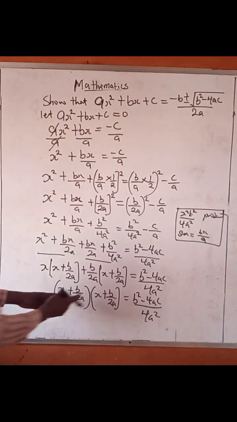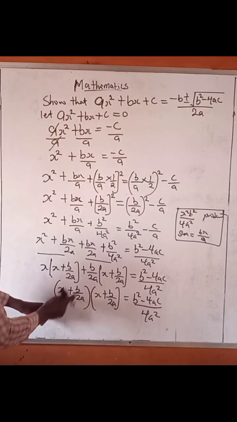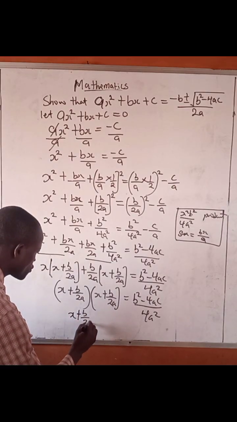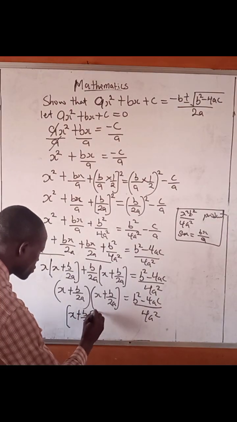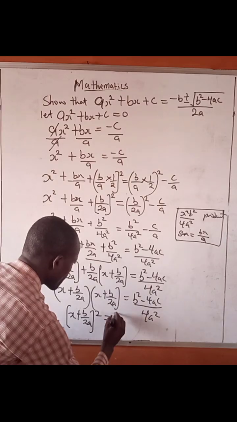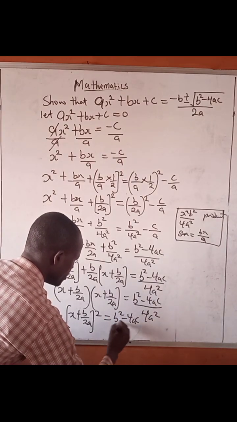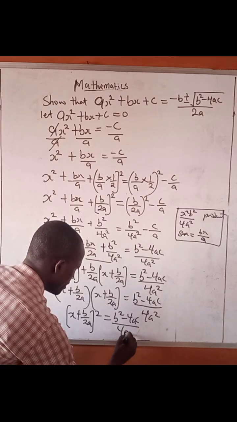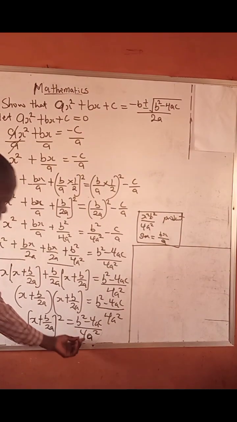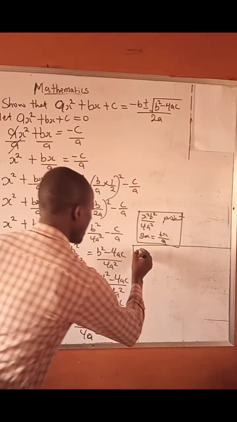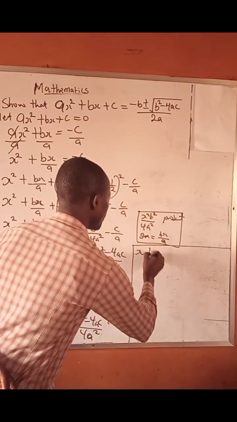Now the next thing, you will discover that the two of them are common. You can write it as x plus b over 2a, all squared, equal to b squared minus 4ac over 4a squared.